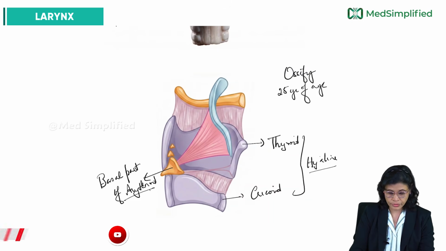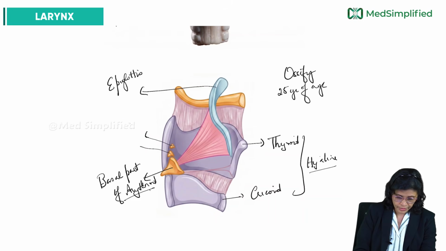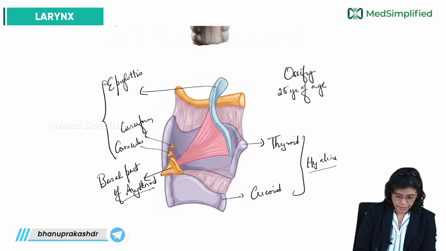Whereas the other cartilages, that is the epiglottis, the corniculate and the cuneiform, as well as the apical portion of arytenoid, are all made up of elastic cartilage.